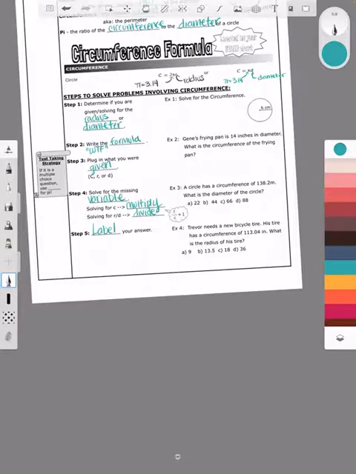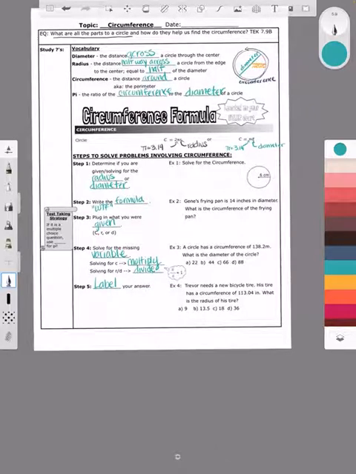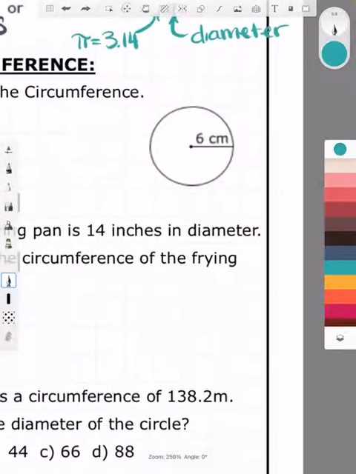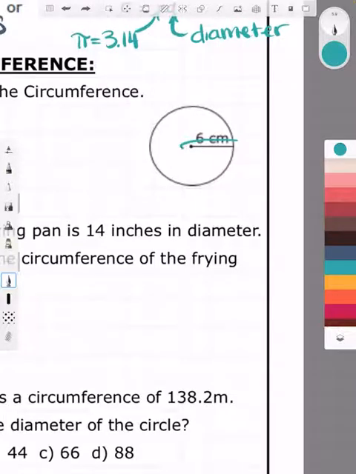So, example 1 says solve for the circumference. The first thing that you want to do is look at what they gave you. On this circle, they gave us 6 centimeters, and 6 centimeters is represented by the radius.